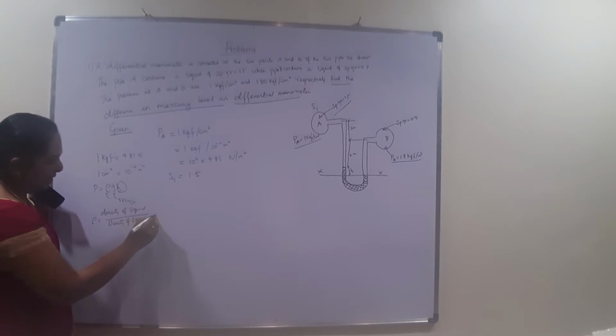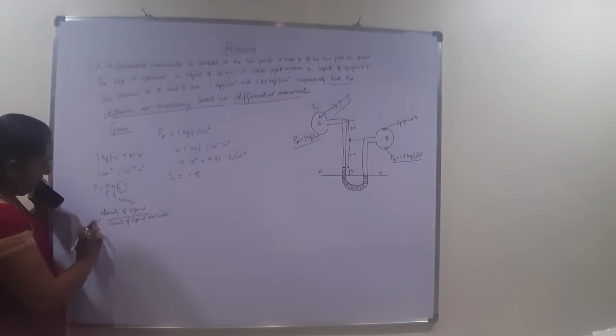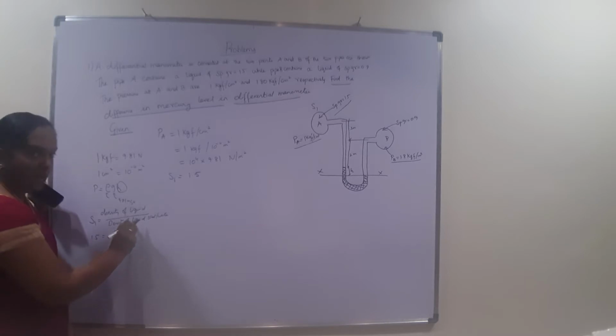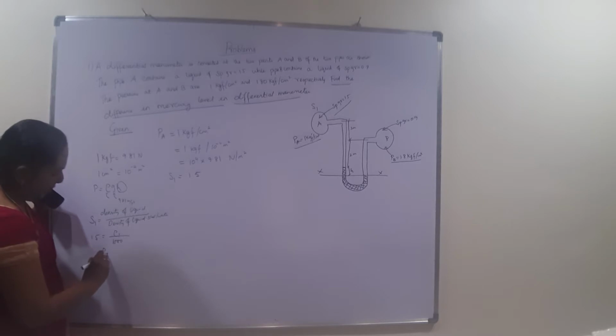Here the value of S is 1.5. We don't know the density of the liquid, so let it be rho 1, divided by the density of standard water, which we already know is 1000 kg per meter cube. So the value of rho 1 is 1000 into 1.5 kg per meter cube.